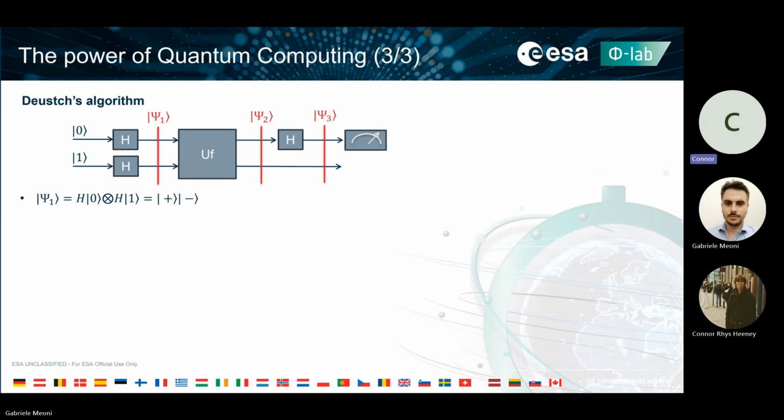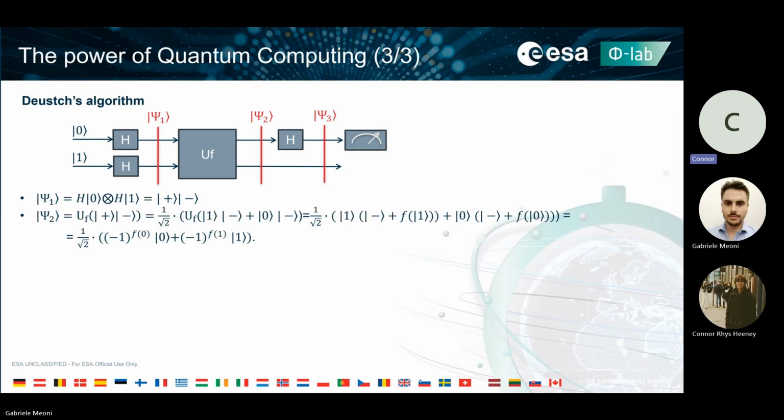So at the output of the Hadamard gates, you're going to get plus and minus. Plus means what I told you before: 0 plus 1 divided by square root of 2, minus is 0 minus 1 divided by square root of 2. This is because the Hadamard gate works like that. Very simple. Then, if you apply the oracle, there's a bit of calculation.